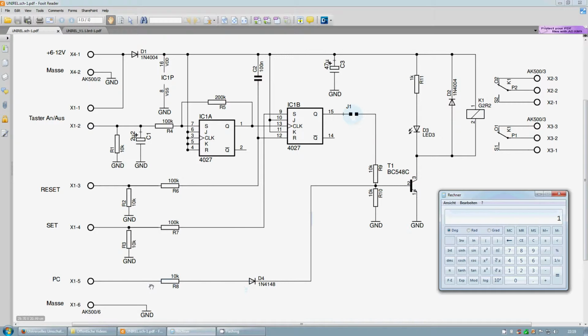Well, the current through R8 is still sufficient to keep the transistor in the on state, and a low here at the output cannot pull the base of the transistor low enough to avoid switching of a positive signal at PC.